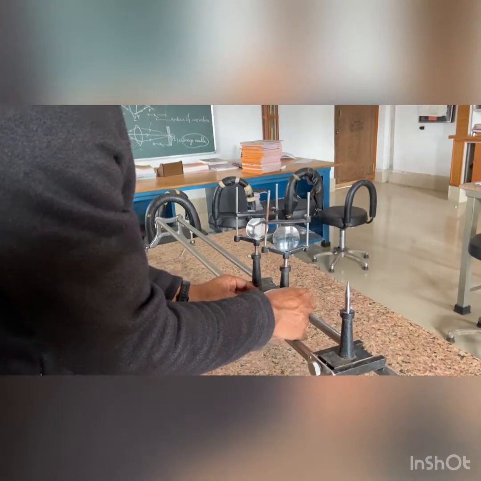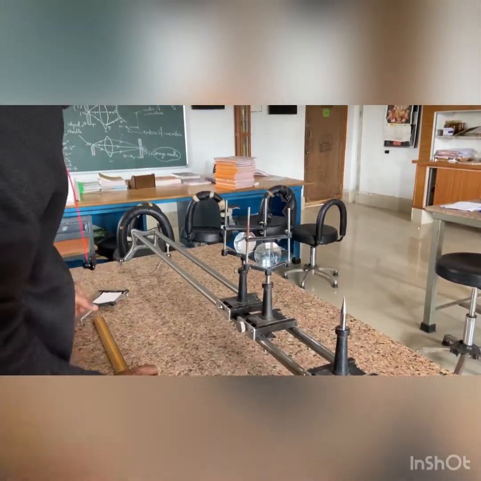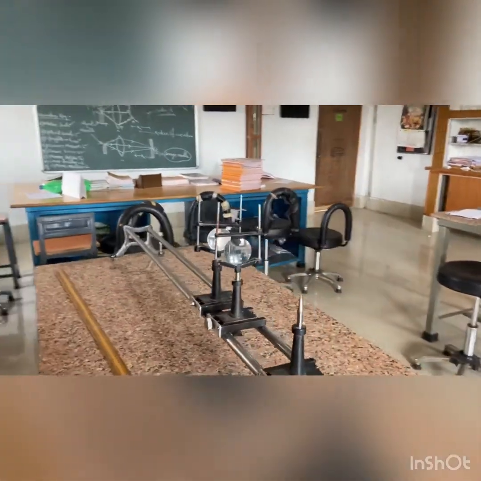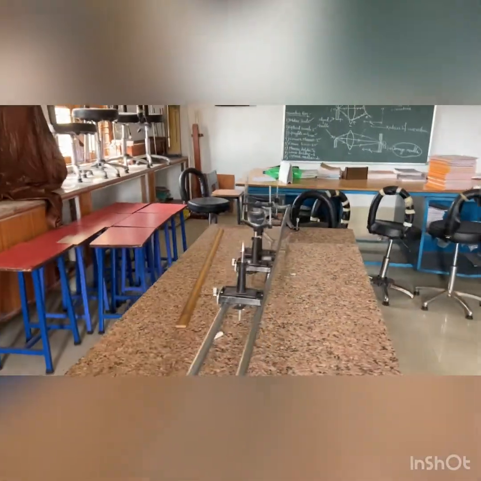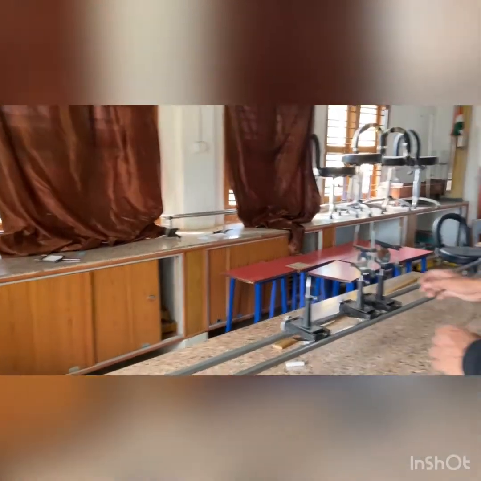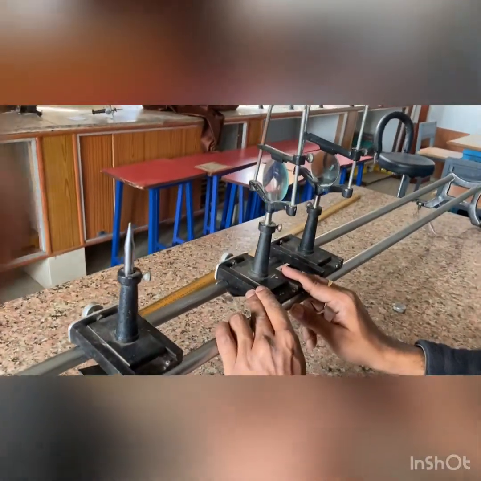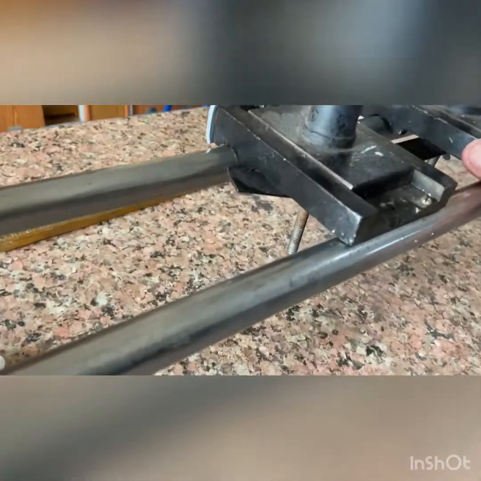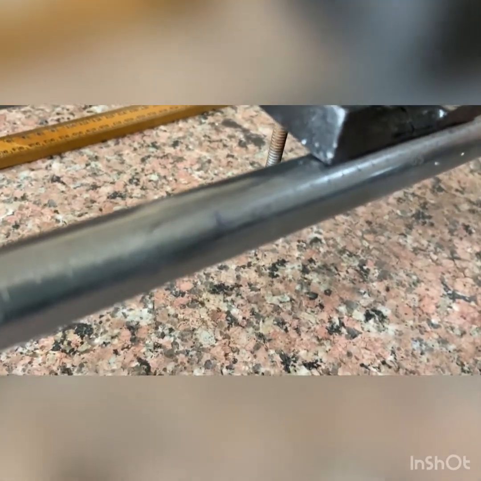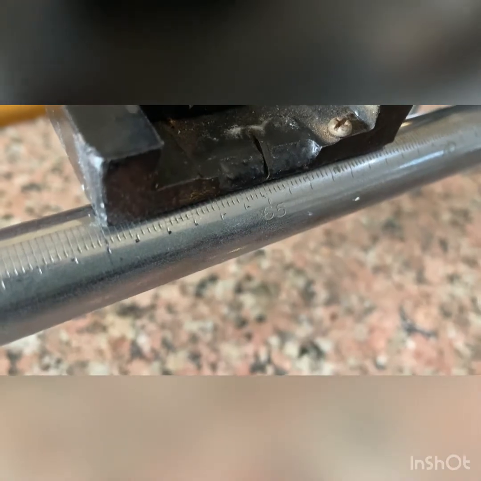So now, if we place the lens at a point of 65 centimeter, right? Now you can see the position of this lens is 65, right? 65 पर इसको रख दिया गया.